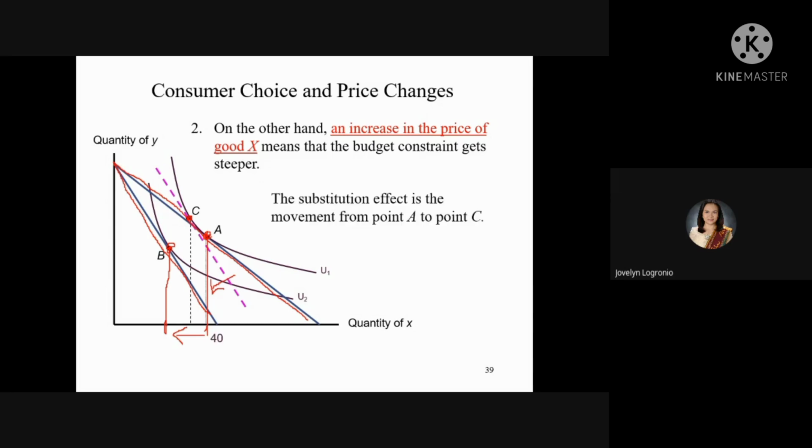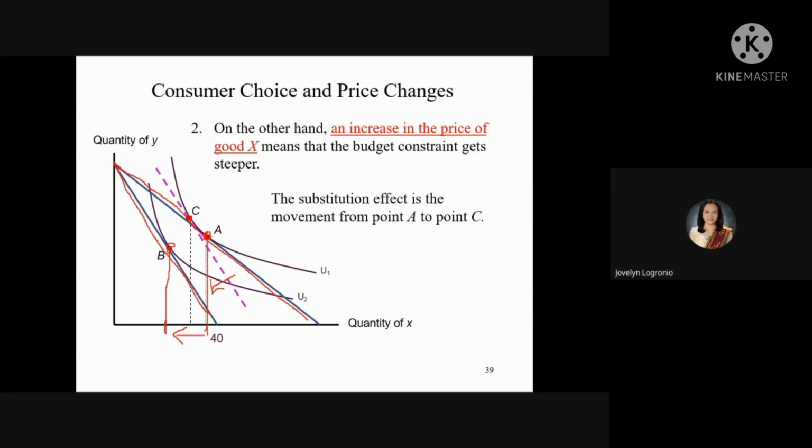And at point C, again, we will construct an imaginary budget line which is tangent sa indifference curve U1. And since the price of good X now is higher, again, the purchasing power of the consumer declines.